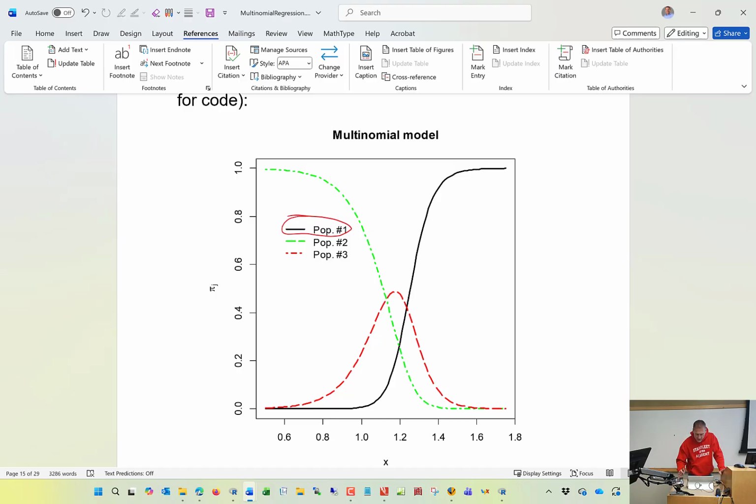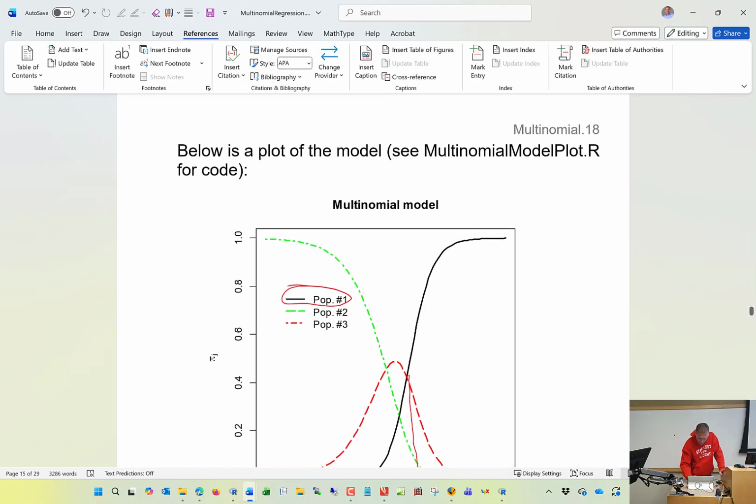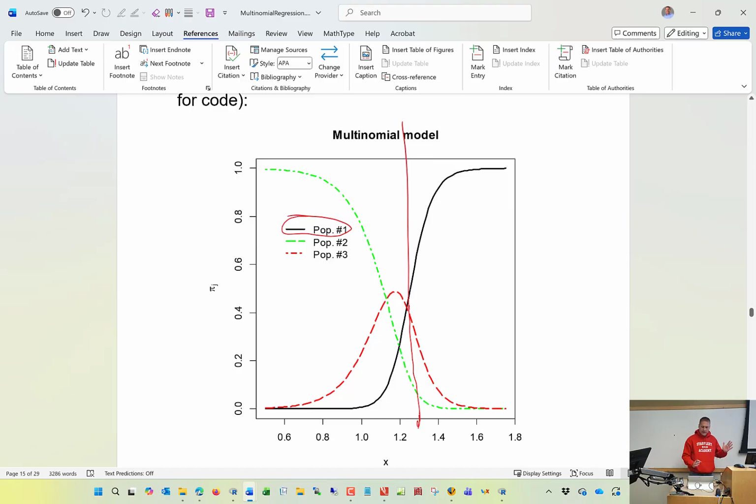So what this is telling me is that when x is greater than 1.236, which is right about here, if I project up, we can see that I'm always going to have the highest probability for group 1. So all those observations with x greater than 1.236 would be categorized or predicted to be population group 1.